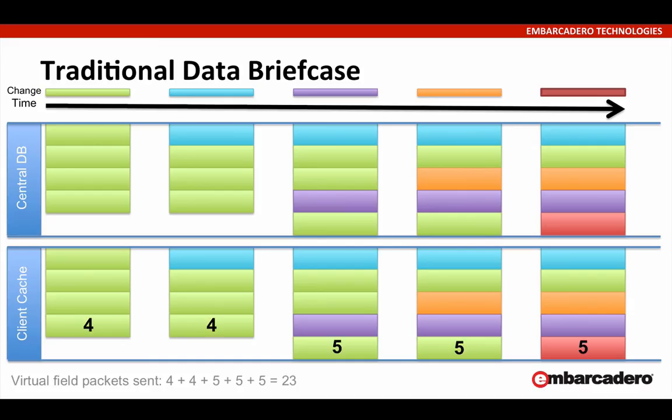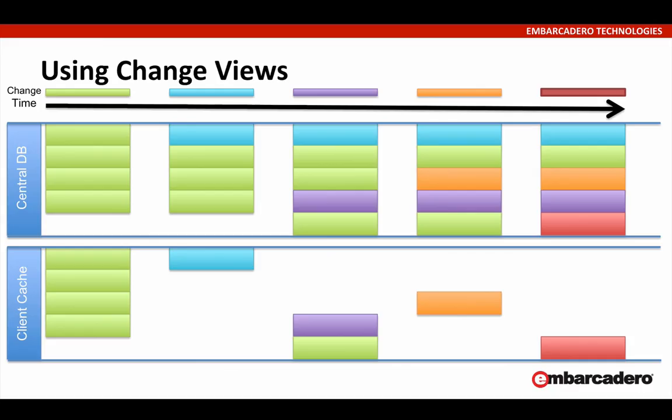So in this example here, 23 packets. Now using change views, we're able to identify specifically what deltas have changed at a field level. So using that, we're then able to package that up to provide back just what we need to the client side.